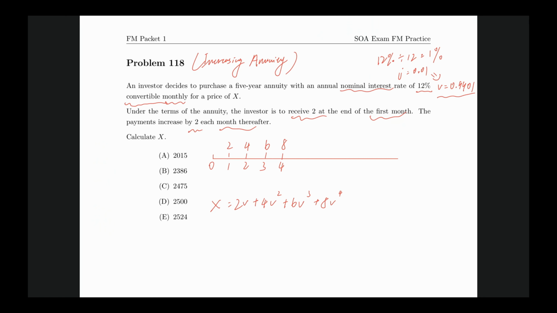Well, this is a 5-year annuity, so it's going to last for 5 years, and each month is going to pay once. Since there are 12 months in 1 year, there will be 60 payments. So it's going to continue until 120 times v to the power of 60. There are 60 payments exactly, from month 1 to month 60.